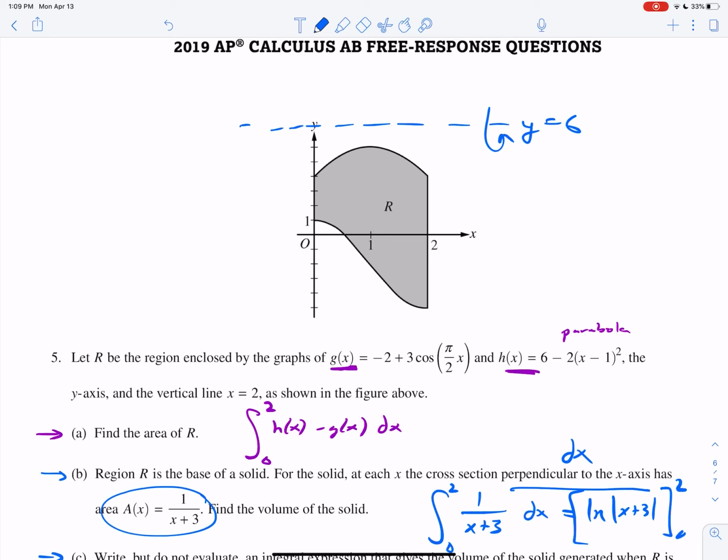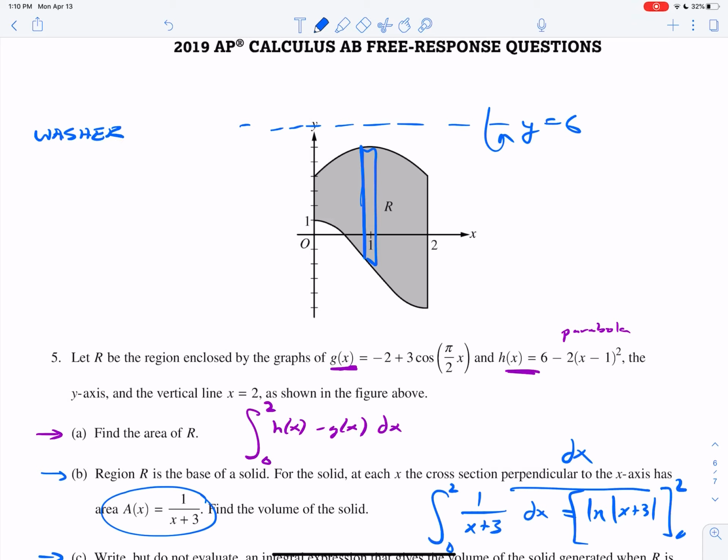Okay, and we're rotating here. We want to favor a vertical rectangle so that we keep everything in terms of x. So is this parallel to the axis, shell, or perpendicular, right? The axis of revolution is definitely perpendicular to the rectangle. So we're either going to use disk or washer. But if you notice, there is a gap here. So we know we're going to use a washer.